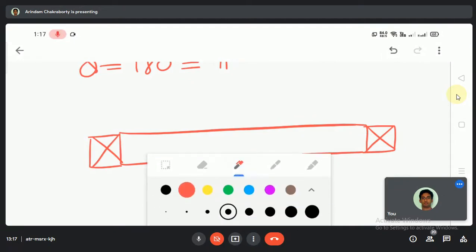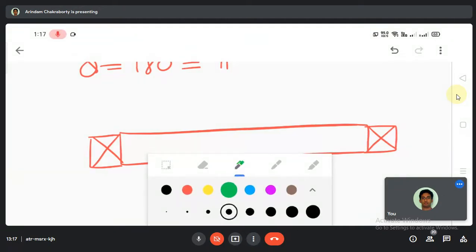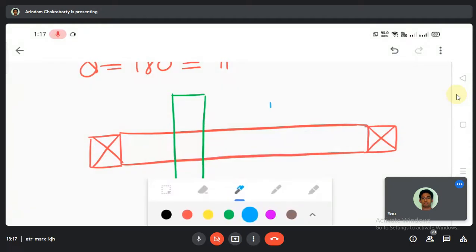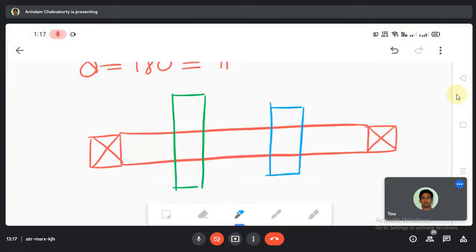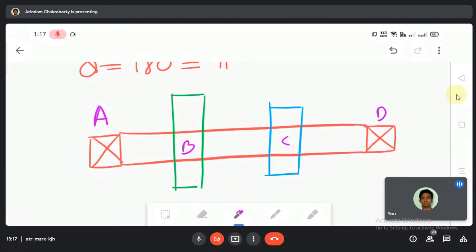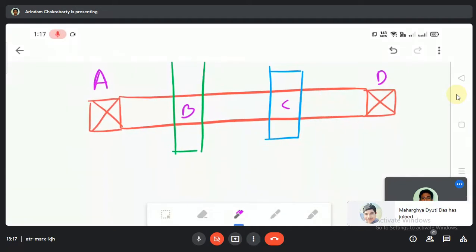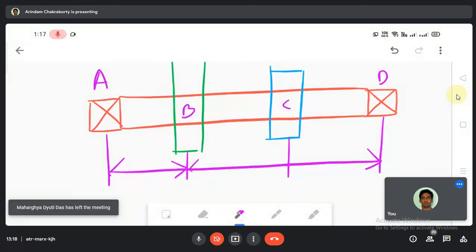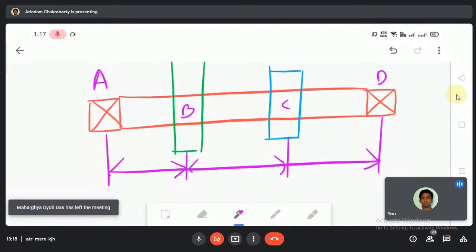A, B, C, D. So it would be given, the data is given in this manner.